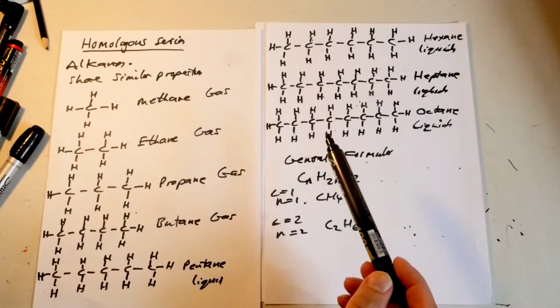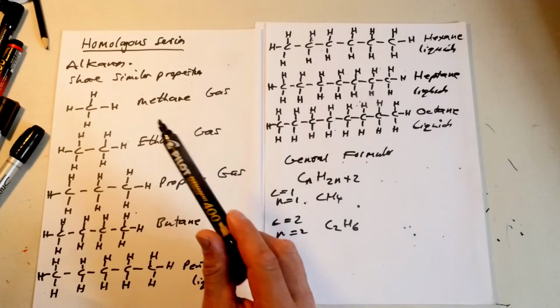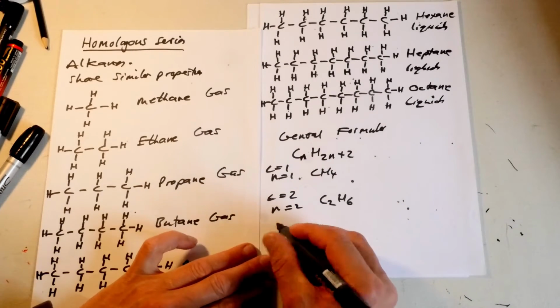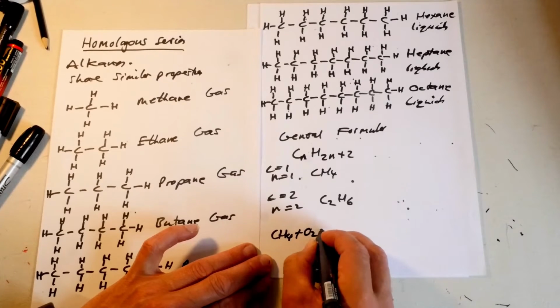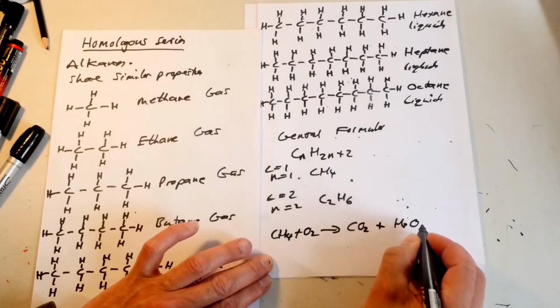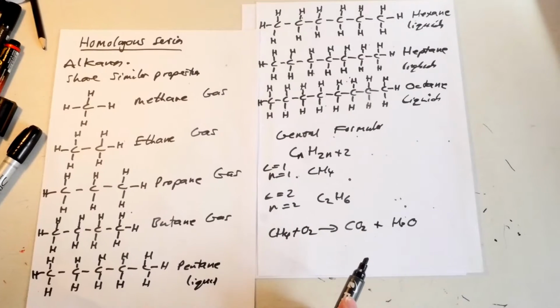These are all gases, these are all liquids. They also all combust, they all burn in oxygen. So for example, CH4 plus O2 becomes CO2 plus H2O, okay? They all combust and burn in oxygen to make carbon dioxide and water.